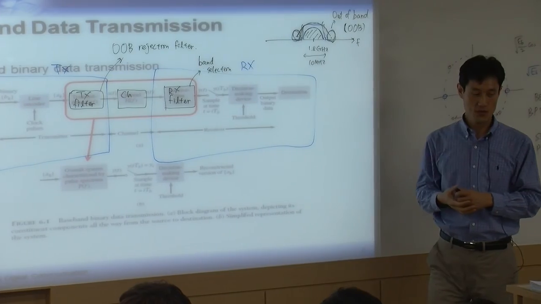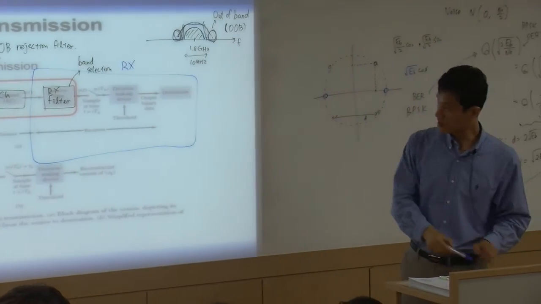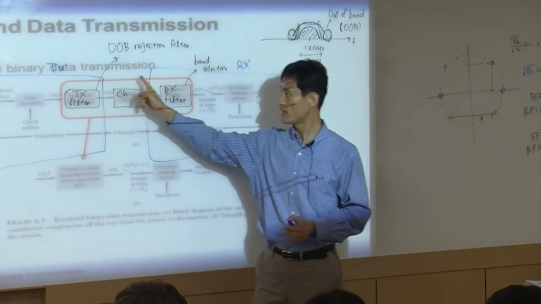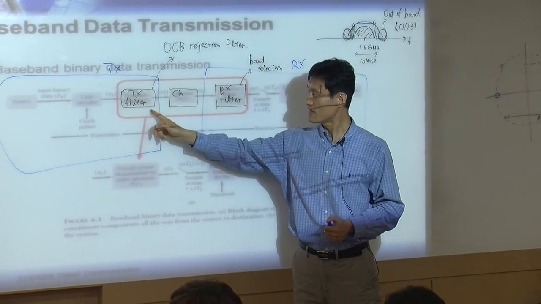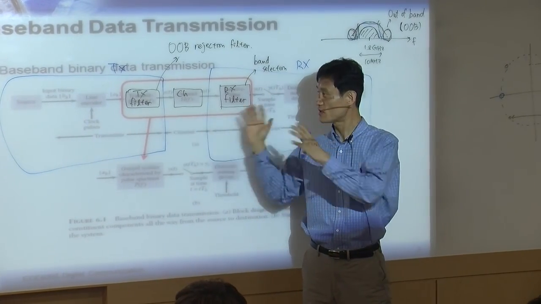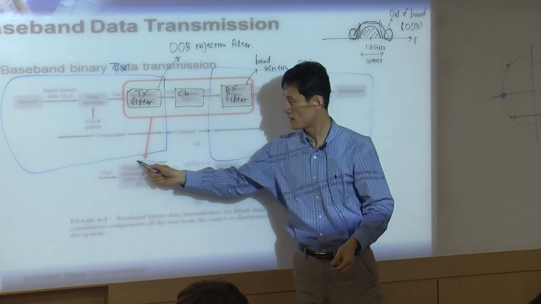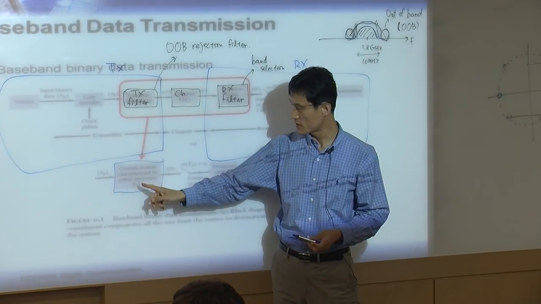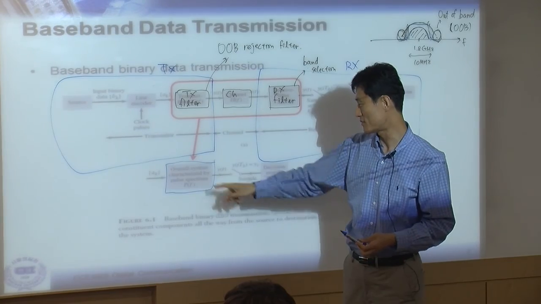So what I'm going to do is group these 3 blocks. You see the red box here, right? I'm going to make these 3 blocks a group. Group these 3 and make it one block like this. It says overall characterized by pulse spectrum.